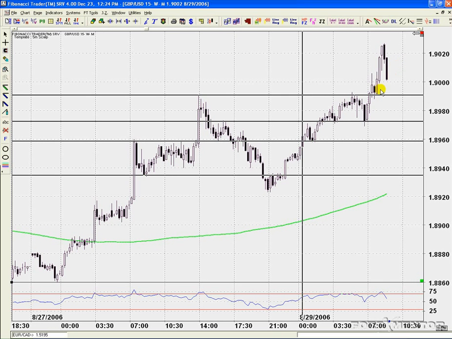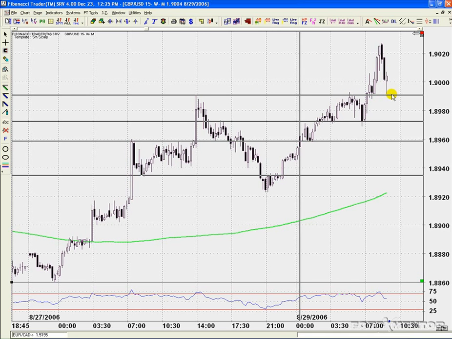Okay, and now we see that this level right here may come into play again. Price is stalling here, but we may see another spike down right to this level of resistance, which is support, which could offer another bounce because this is quite an aggressive move.